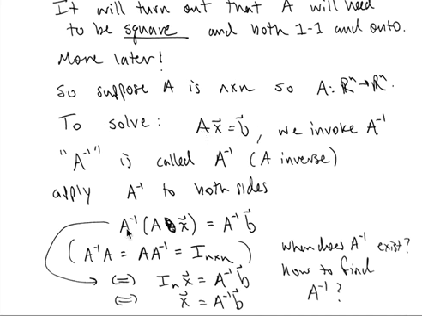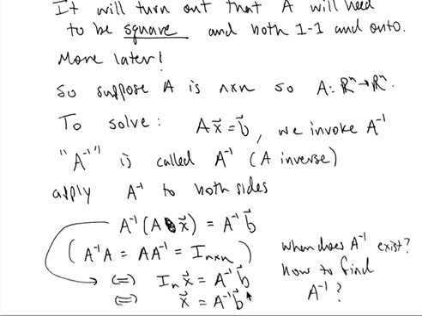A inverse undoes the effect of A. So A inverse times A will result in the n by n identity, because if you do A and then undo A, you've done nothing, and the transformation which does nothing is the identity. And I just wrote here this little fact, A inverse times A equals A times A inverse, which is the n by n identity. When you apply the identity to x, you just get x, and so by applying A inverse to b on the right-hand side, you've just derived this property.